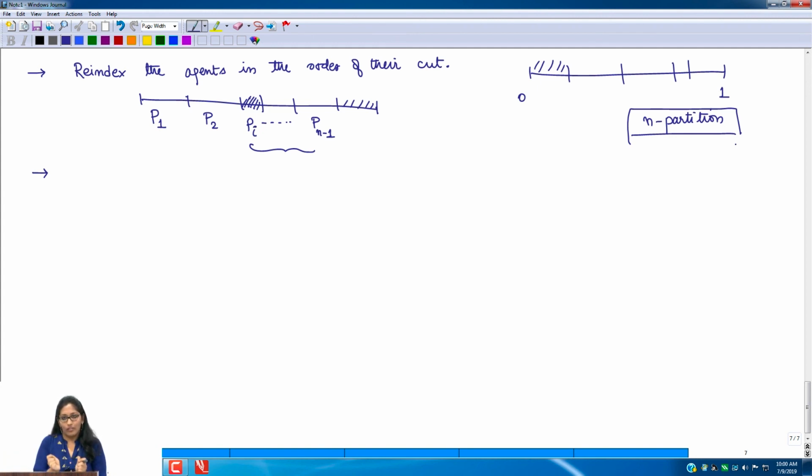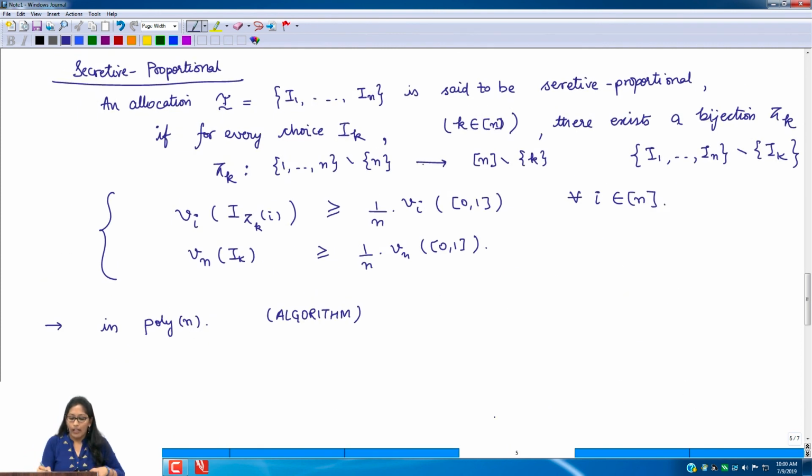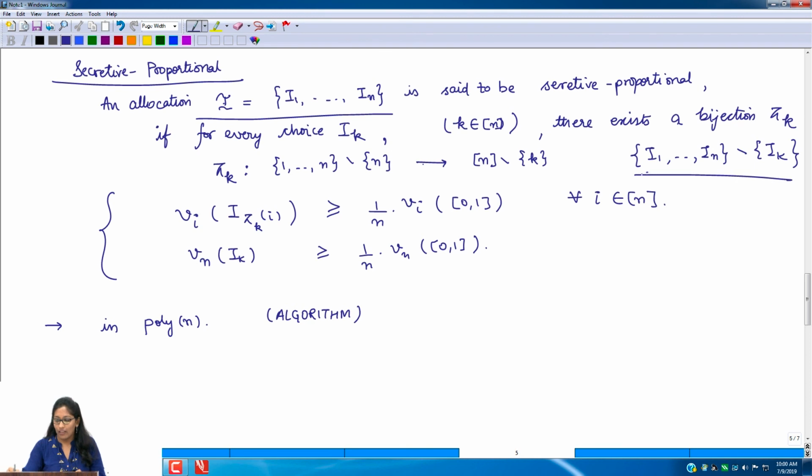You cannot just uncut a cut. So just to recall the definition again of proportionality: the allocation is made first and then the secretive agent comes in, picks his choice and then we have to reshuffle between the remaining pieces only. You can't uncut a cut in a way.